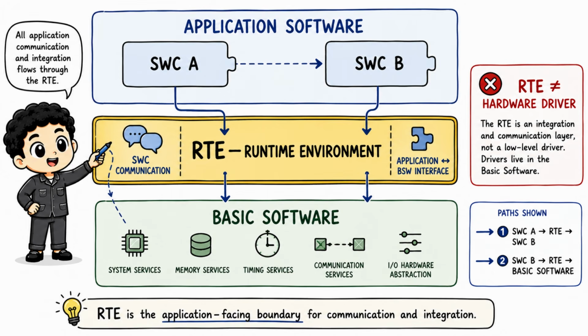If one software component needs data from another, the RTE participates in realizing that connection. If an application needs a standardized service from basic software, that interaction is also exposed through the RTE, where the AUTOSAR model defines it. The RTE is not a hardware driver, and it is not simply another application component. Its job is to keep application software from being tightly coupled to the implementation details underneath.